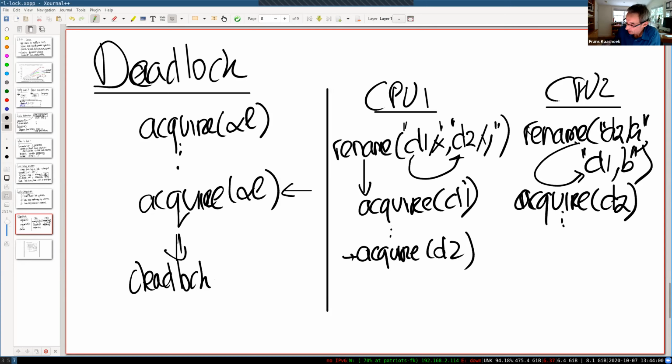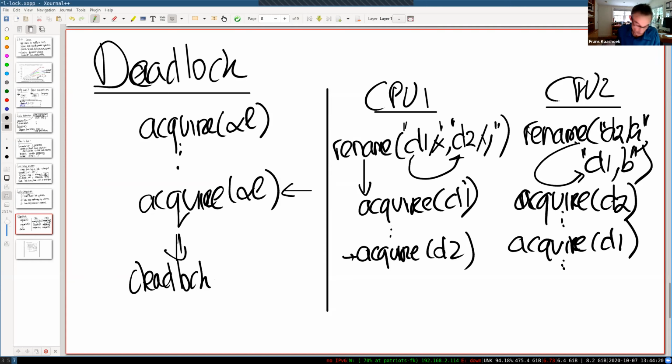Now let's look at the other CPU. CPU 2 acquired D2. For its second argument, it's going to call acquire D1, and will it be able to proceed? No, it won't be able to proceed, because CPU 1 actually holds the lock on D1.